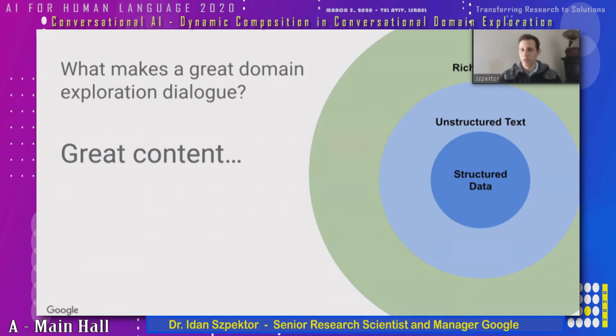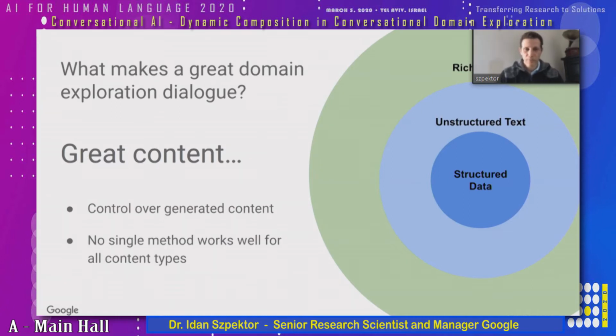It could be structured data coming from a knowledge graph, for example, the points the player scored, the standing of a team, the height of an animal. But you also have unstructured text. It could be news snippets around the game, or it could be some facts about that animal from the web. And you can go even further into rich media, videos, images that are related to the conversation.